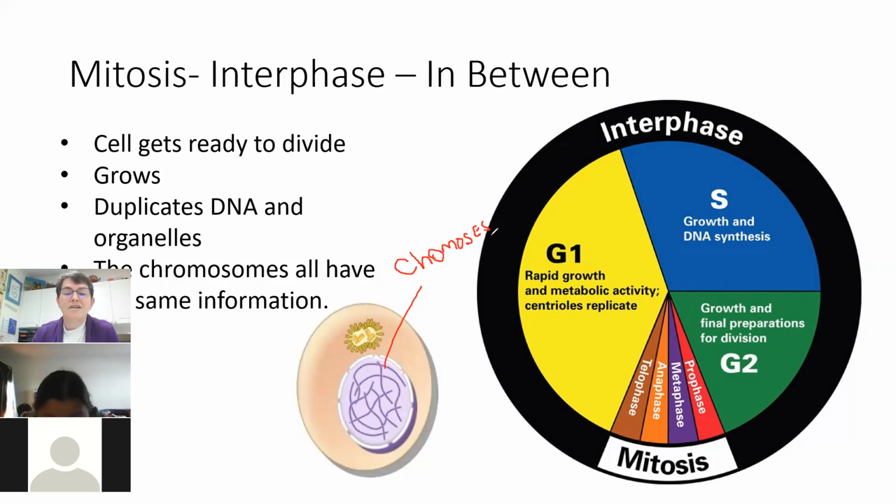I think I spelled that. Oh, I've lost my R. Something looks wonky. So you have in your body, as do Sammy and I, 46 chromosomes in every cell. So what they do is they duplicate so that when there's a new cell, the new cell has that same information. So those are our chromosomes.